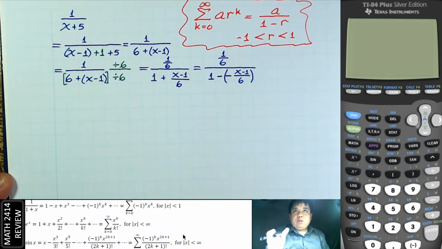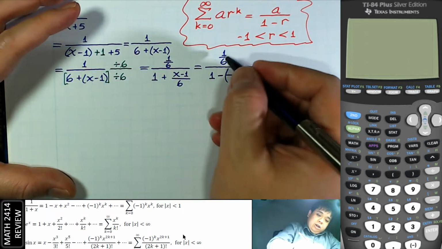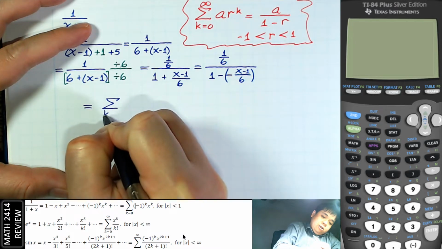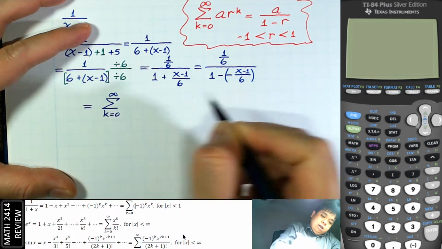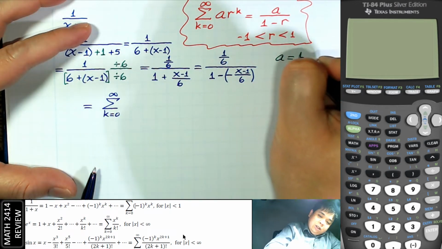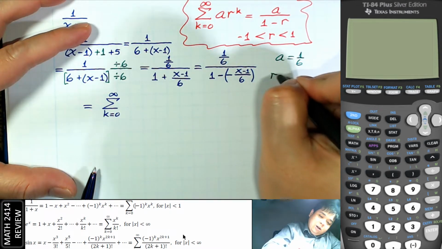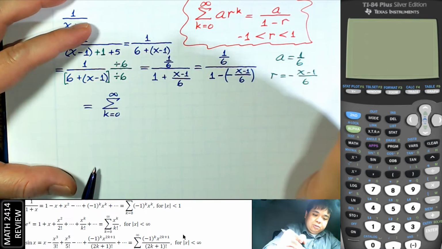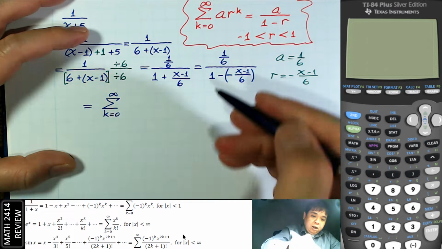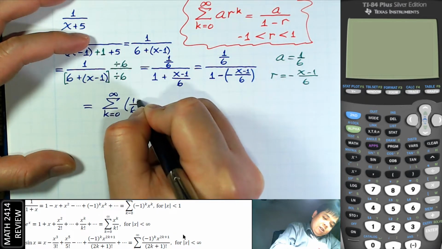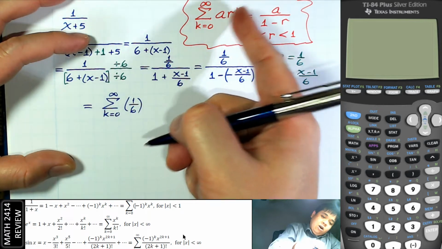Now assume r is between negative 1 and 1. We can write this as a summation. For this one, a is 1 over 6 and r is negative x minus 1 over 6. Put everything in here. 1 over 6 for a, and r to the k.